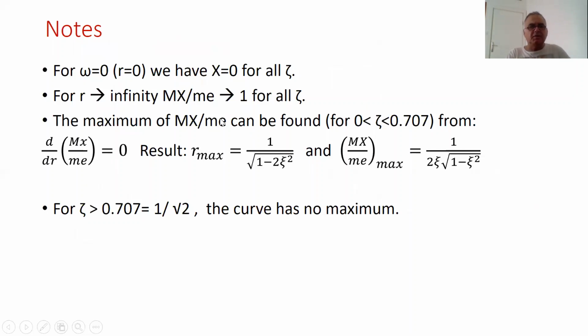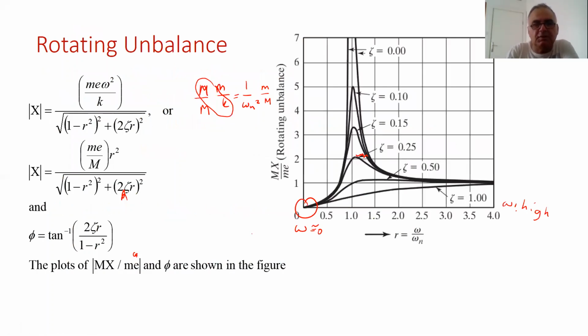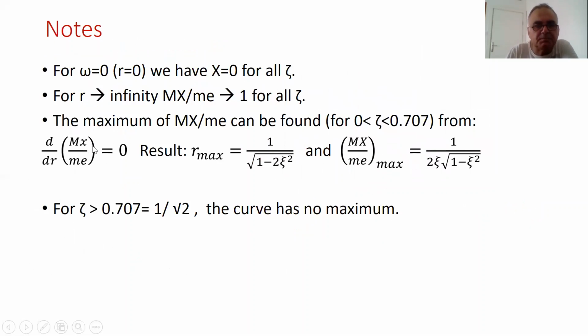And the maximum value of the rotating unbalanced response can be found from taking a derivative of this equation with respect to R. And the result is very similar to the direct forcing case, in which the maximum frequency is equal to 1 over square root of 1 minus 2 zeta squared.